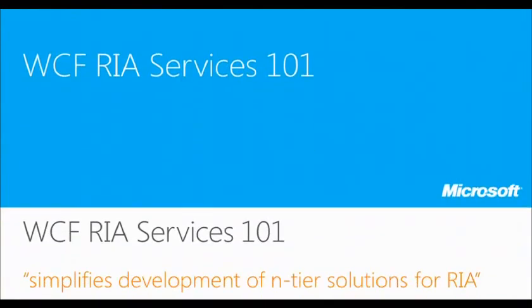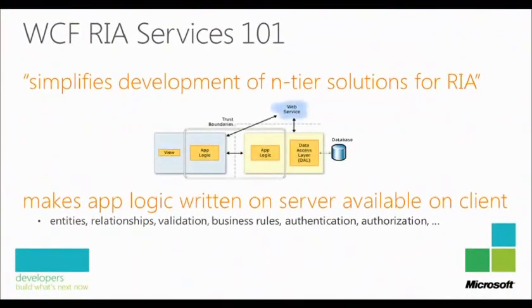WCF RIA Services 101. If you look up WCF RIA Services on the net, you will find the tagline: it simplifies development of n-tier solutions for RIA. Okay, so it simplifies development. Then we have to ask ourselves the question, well, what's so hard about developing a rich internet application? I'm going to take Silverlight as an example.